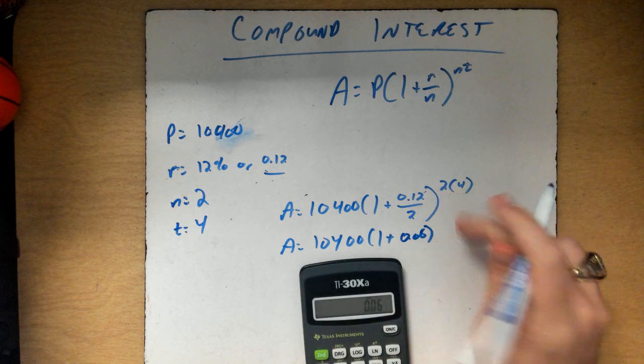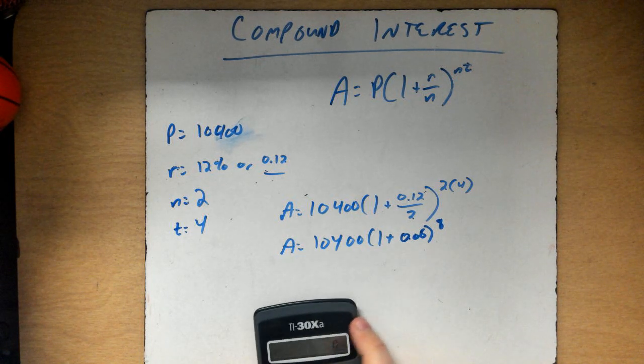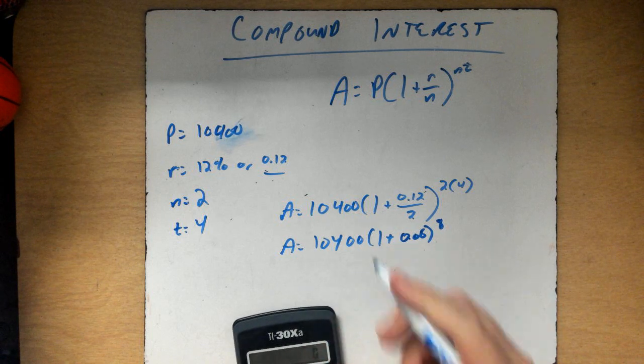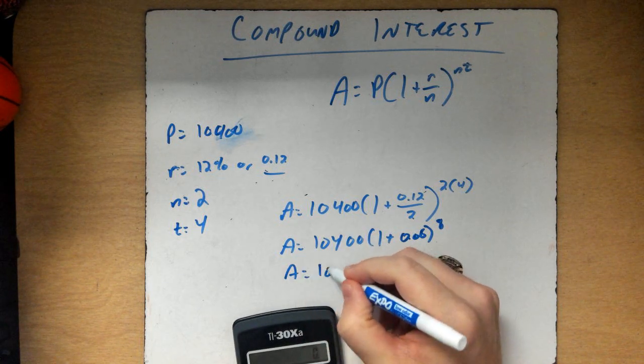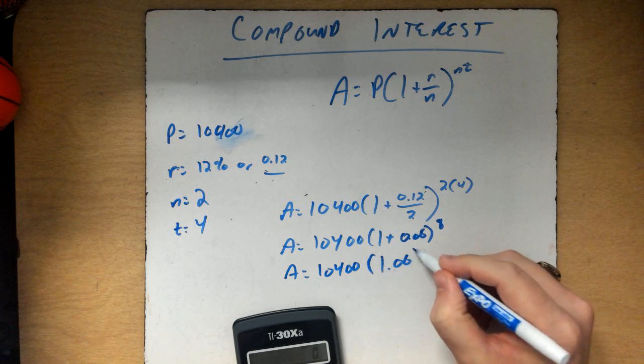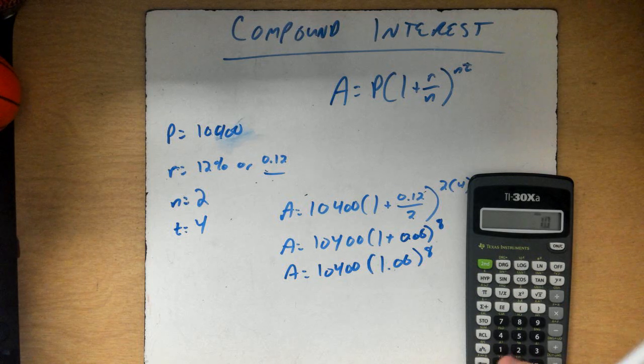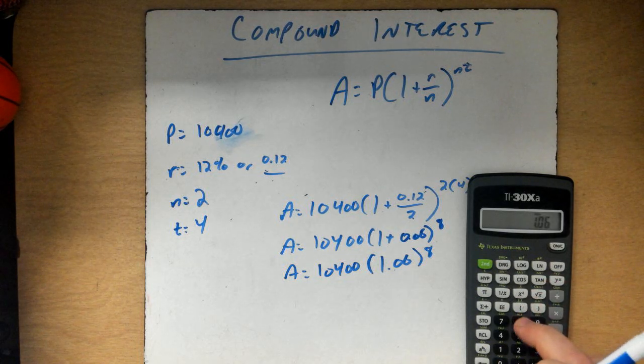And then 2 times 4, of course, is going to be 8. Now we're going to add this 1 plus 0.06. We did that last time. We got 1.06 because we added, to the 8th power. Now we're going to do 1.06 to the 8th power. That gives us this crazy number here.